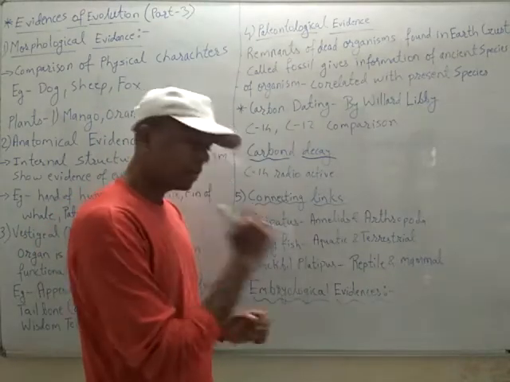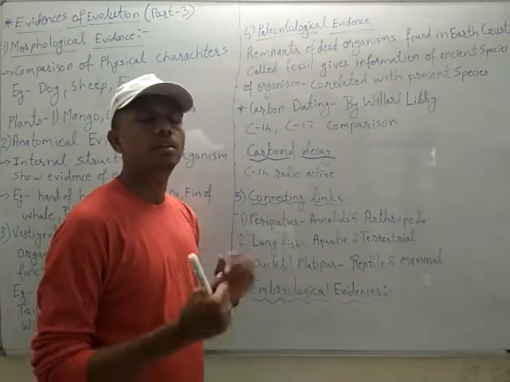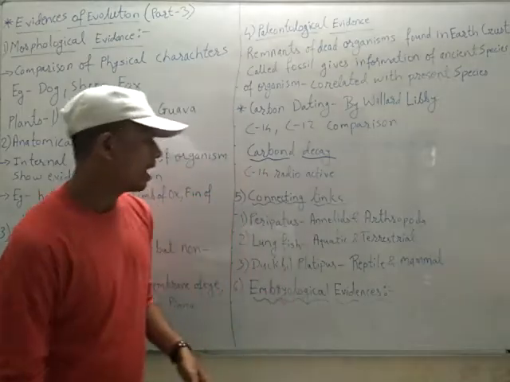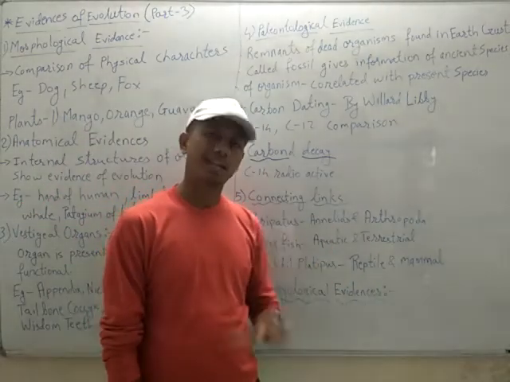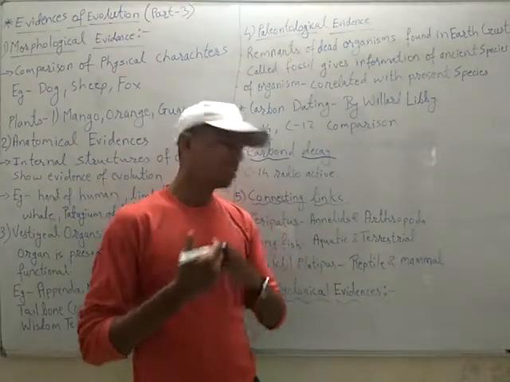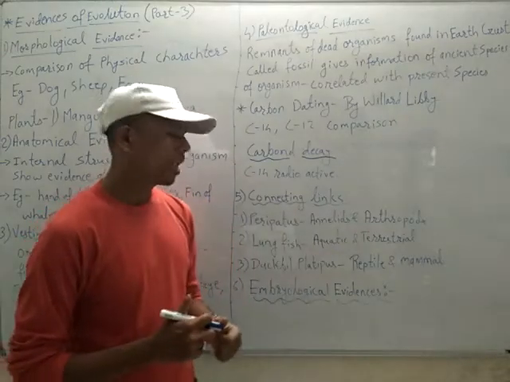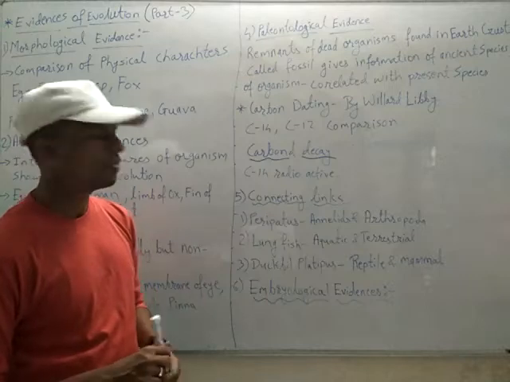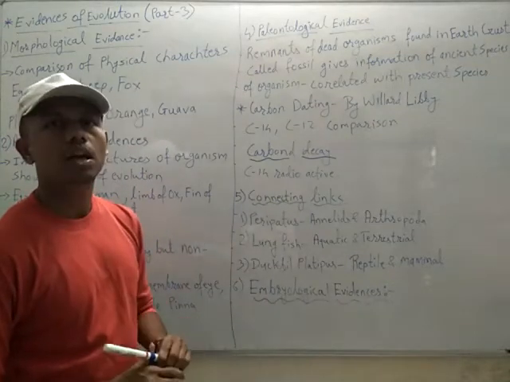If you take the embryos of all these different organisms and compare them, they look approximately the same, and for several stages they are very similar, and just near the final stage they change their body structures. So this is also evidence of evolution, because the embryos of different organisms appear the same.